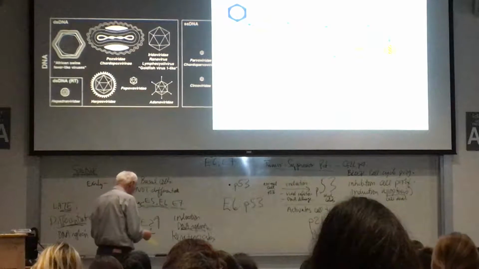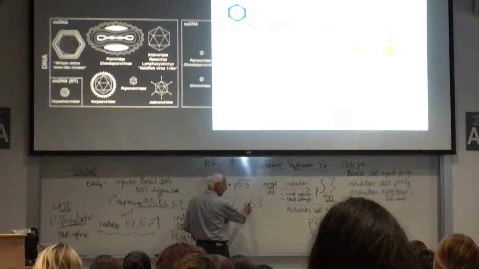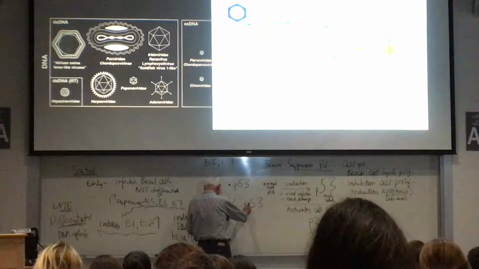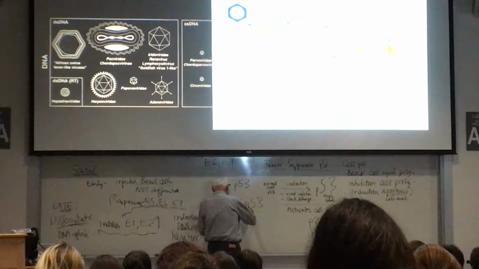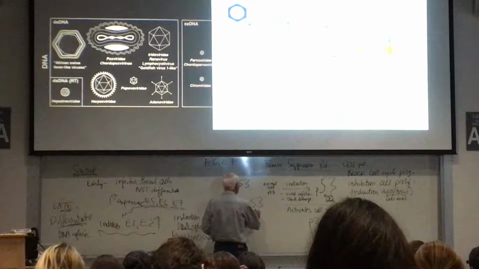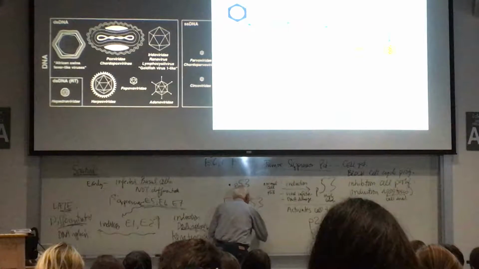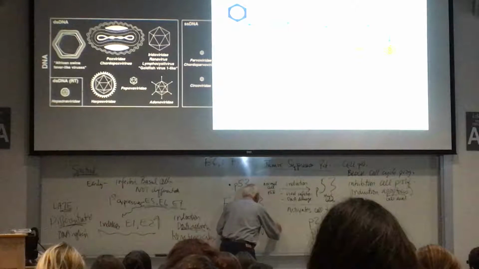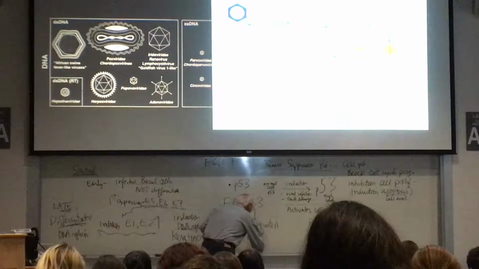All right, so when E6 binds p53, p53 is inactivated, and actually p53 gets modified by a modification called ubiquitination, and this leads to degradation.